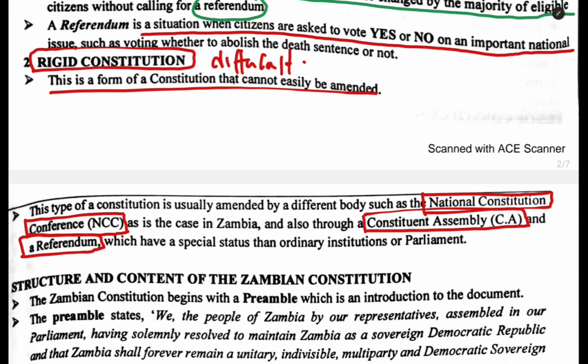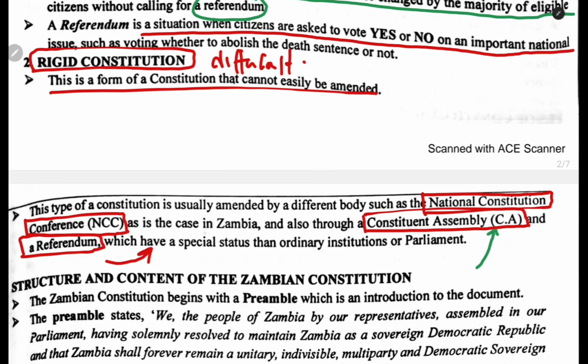The answer is because it is amended by special bodies which have special status compared to ordinary institutions such as the parliament.